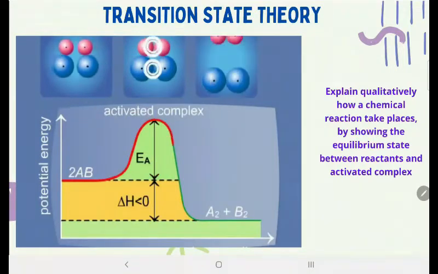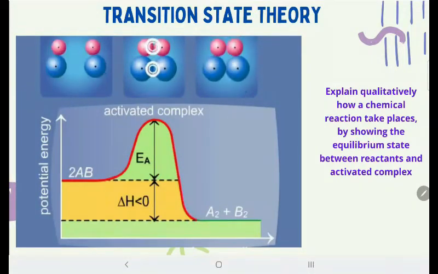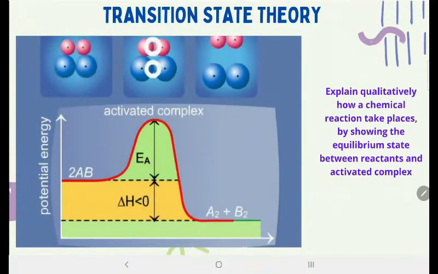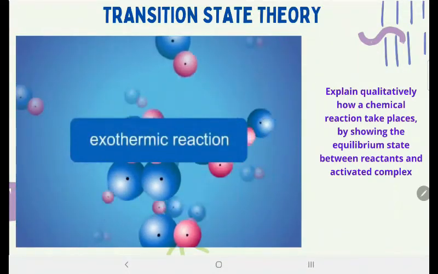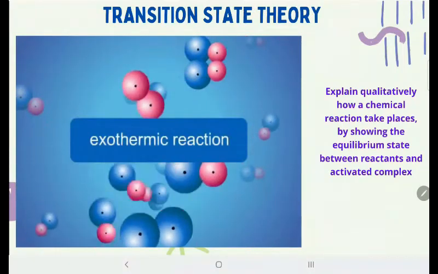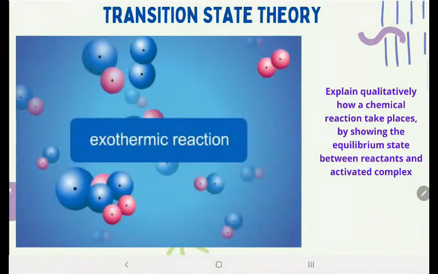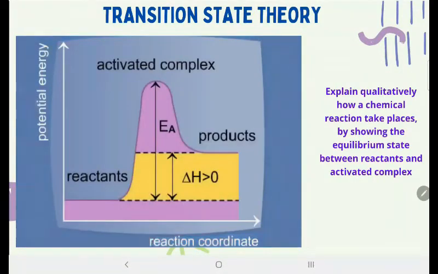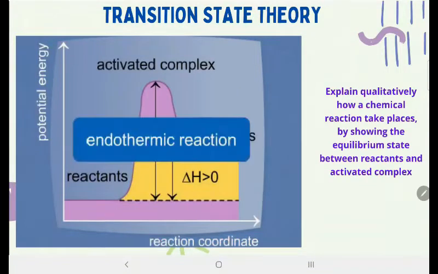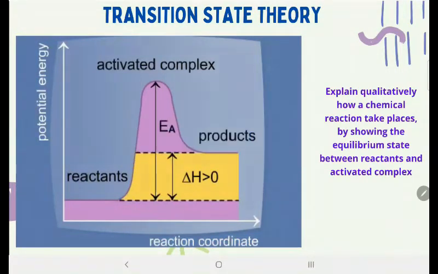As the reaction proceeds, the activated complex breaks apart to yield product molecules, and energy is released. When the potential energy of the products is lower than that of the reactants, heat is evolved, and the reaction is exothermic. When the potential energy of the products is higher, heat is consumed, and the reaction is endothermic.